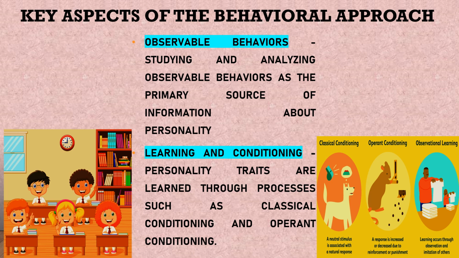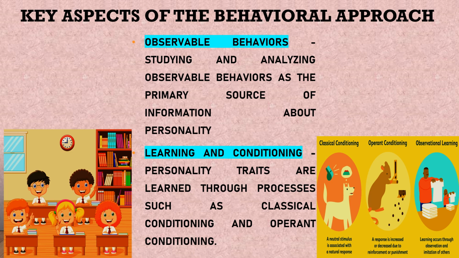Let's see an example of observable behavior. Observing a person raising their hand in a classroom to ask a question, or noticing someone smiling and making eye contact during a conversation. These are observable behaviors, that is, we can observe them.